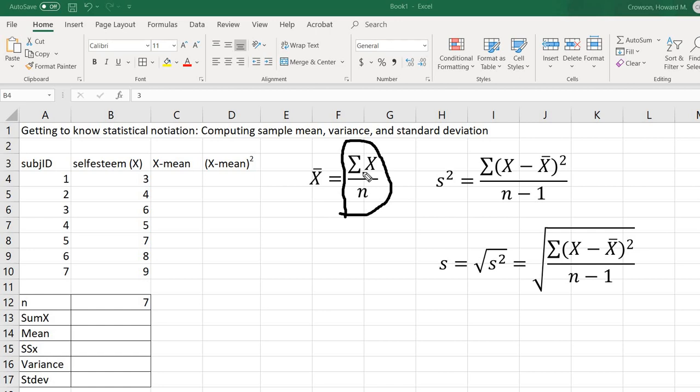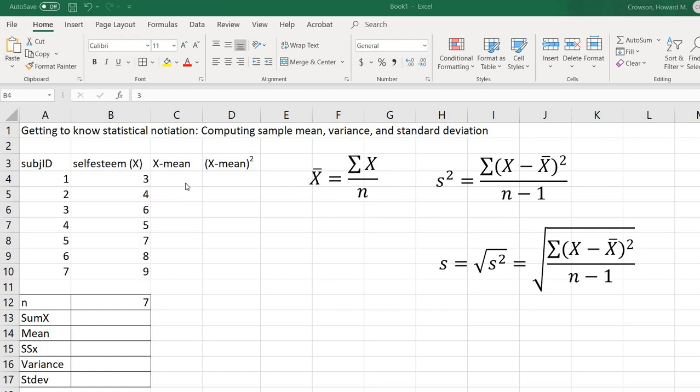So basically what you're saying is sum the scores on x. So anything to the right of the summation operator is something that you sum. The n that you see within the formula is the sample size. So simply put, the mean is computed as the sum of the raw scores on x divided by n, which is your sample size.